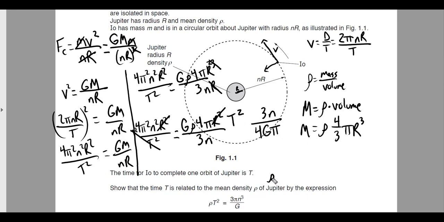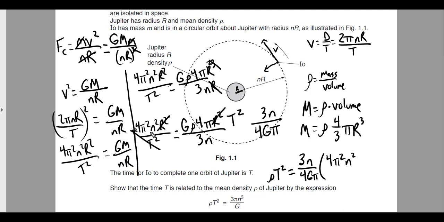And so we get, finally, rho t squared equal to, so remember, I'm just keeping these on this side. If I multiply this side of the equation by this, because it's convenient to cancel out everything, I just got to do it to this side over here. So on that side, I would have multiplied by the factor 3n over 4G pi to keep the equation equal, and I still have all this stuff over here, 4 pi squared n squared.